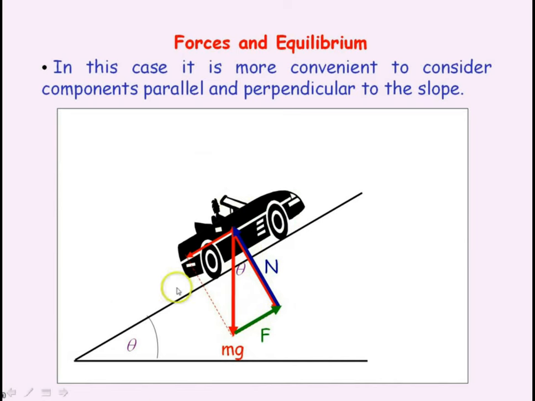So we can use trigonometry to find N and F. If we first find N, you can see that it's adjacent to angle theta. So we've got adjacent and the hypotenuse of weight, which means we can use the cosine term. So N will equal mg cos theta. To find F, we can see that it is opposite to angle theta. So we've got opposite and the hypotenuse, which means we can use the sine term. So F will equal mg sine theta.